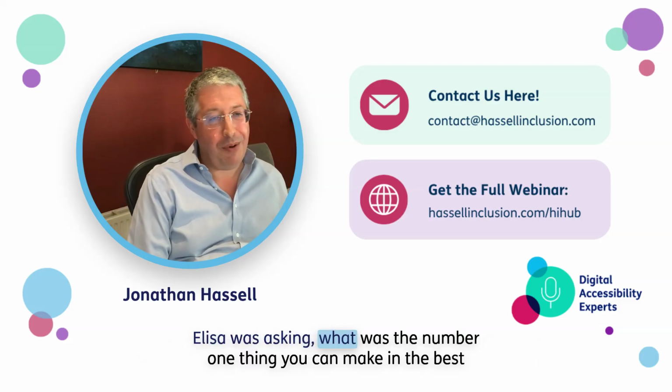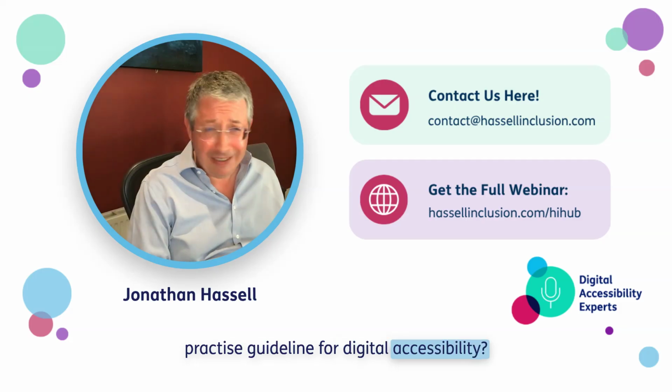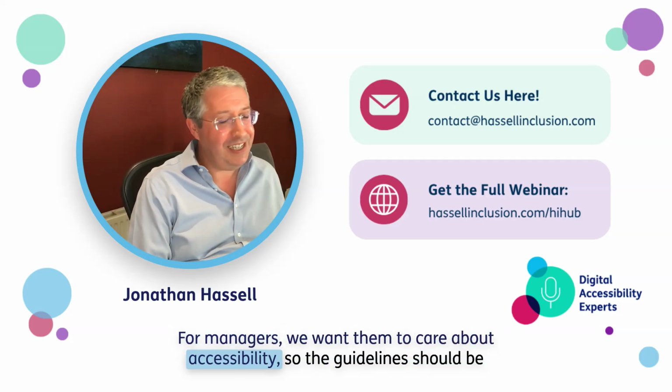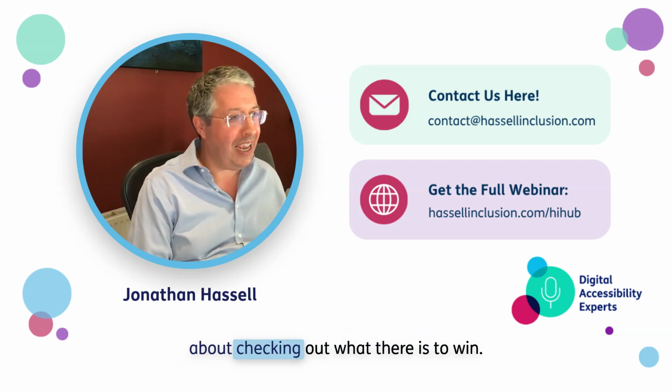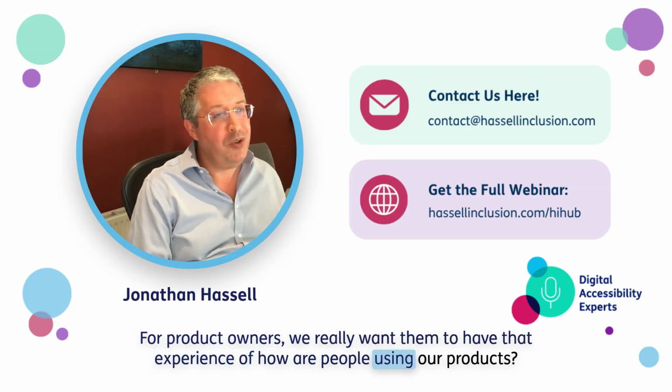Elisa was asking, what was the number one thing you can make in the best practice guideline for digital accessibility? Depends who it's for. For managers, we want them to care about accessibility, so the guidelines should be about checking out what there is to win. And for product owners, we really want them to have that experience of how people are using our product.